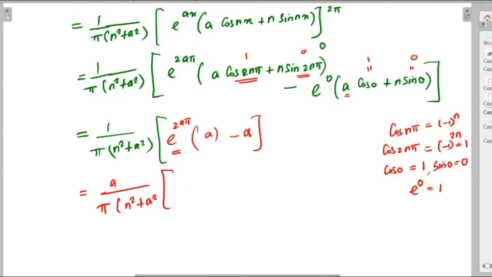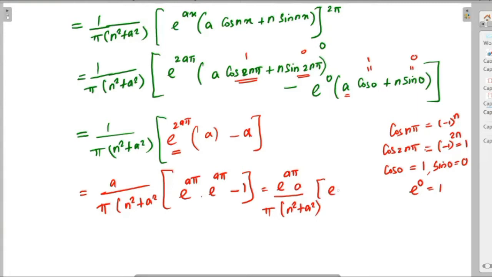And also you can rewrite this term as e power a pi into e power a pi minus 1, which is equal to e power a pi. I have taken e power a pi as a common term in this bracket. So from that you may get e power a pi minus e power minus a pi.